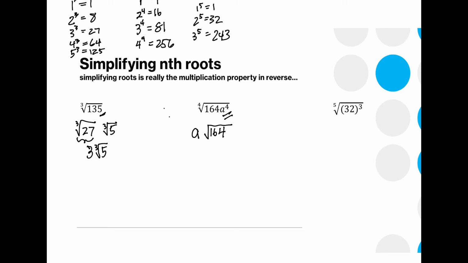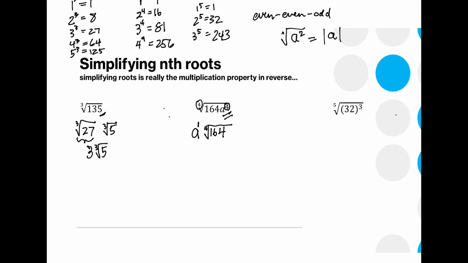the fourth root of 164 times a to the fourth. Now, a lot of times this will be written out in the instructions so that you don't have to worry about it, but whenever we have an even root, even index, with an even power, and we get an odd result coming out of it for a variable, like a lot of square roots, for example, when we took the square root of a squared, we have to show that we're going to take the absolute value of that variable.